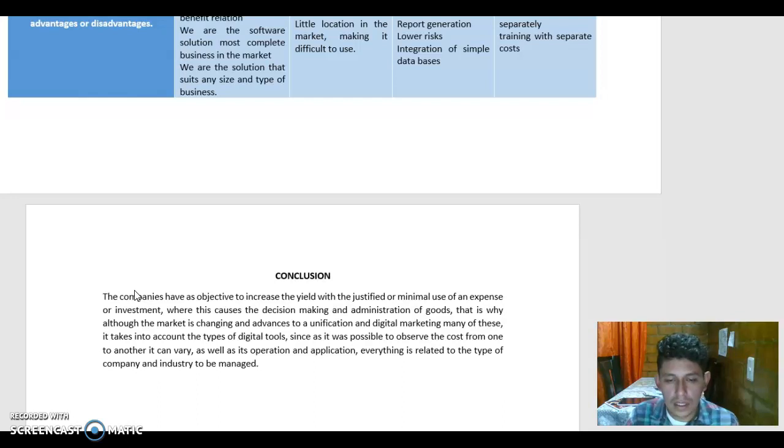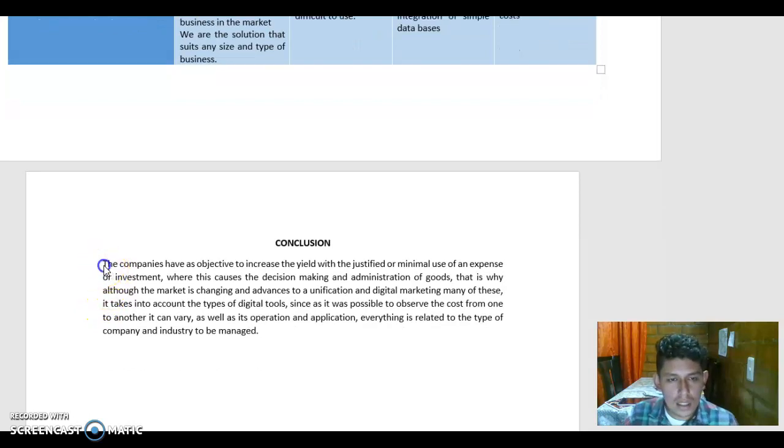To this the conclusion, the comparing power of these to implement the good efficient or minimum use of an expression of Internet, where this causes the decision-making and administration of goods.